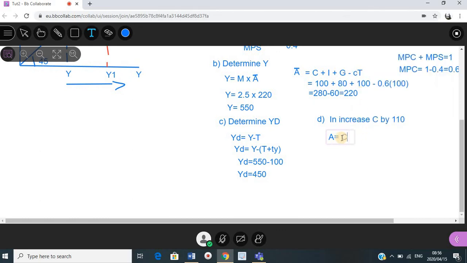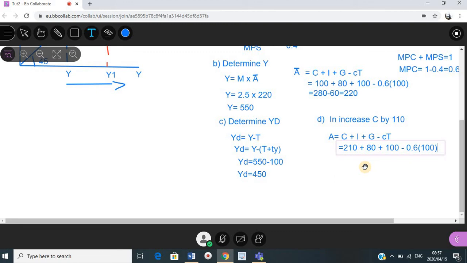C plus I plus G minus MPC times T. And this should be equal to 210 plus 80 plus 100 minus 0.6 multiplying 100.